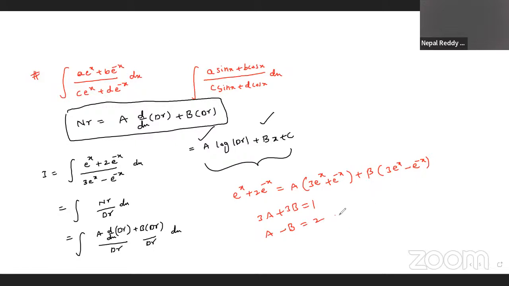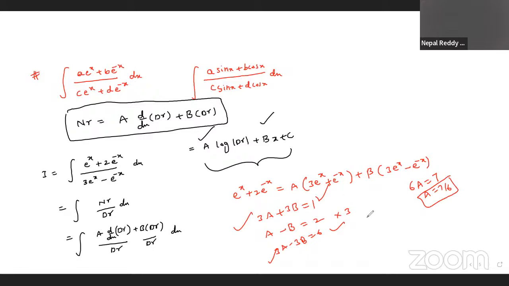Here, if you multiply this with 3, then what happens? 3a minus 3b equal to 6. Solving these two equations, 3b gets cancelled, 6a becomes 7, adding these two. A becomes 7 by 6.